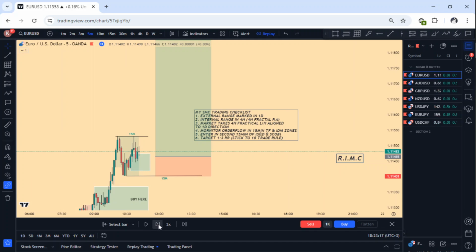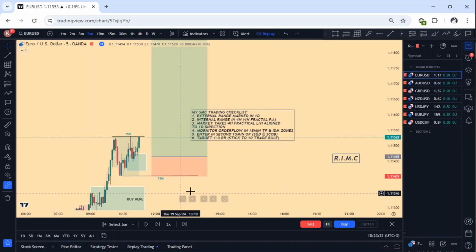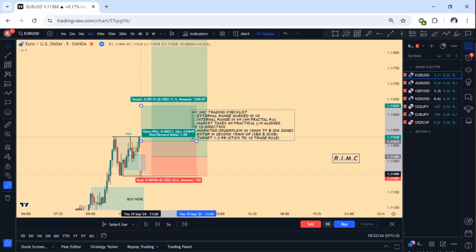So let's wait and see. So no scob yet formed, and then here we go, we get a scob. So that was the right place to buy it, because it only confirmed that this zone is going to hold and this market is going to continue.